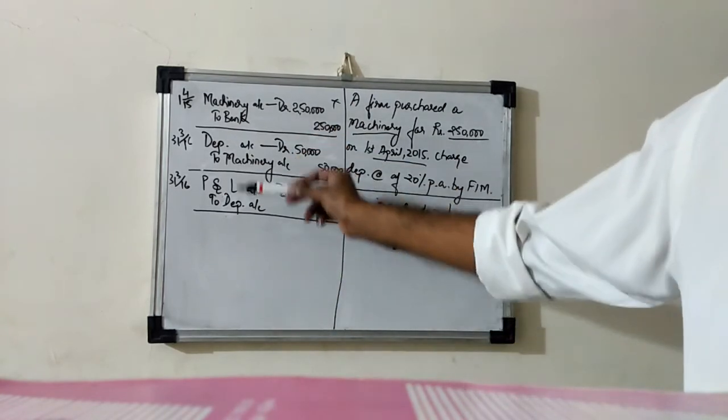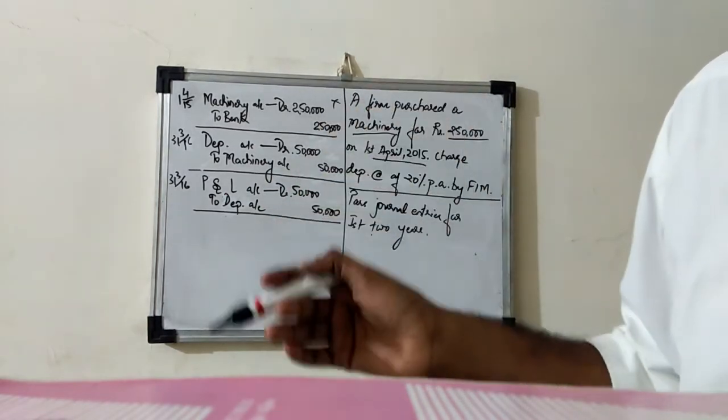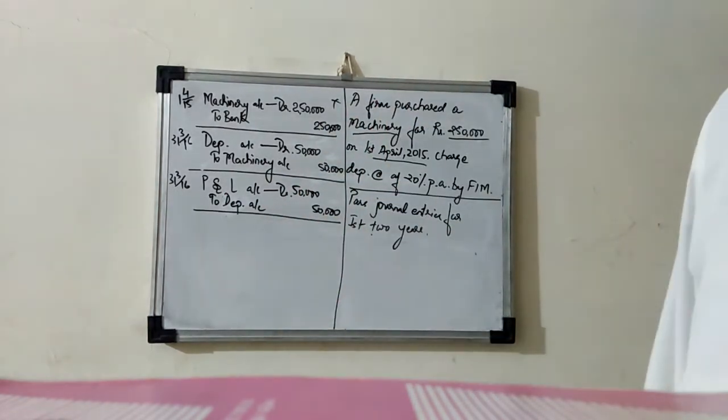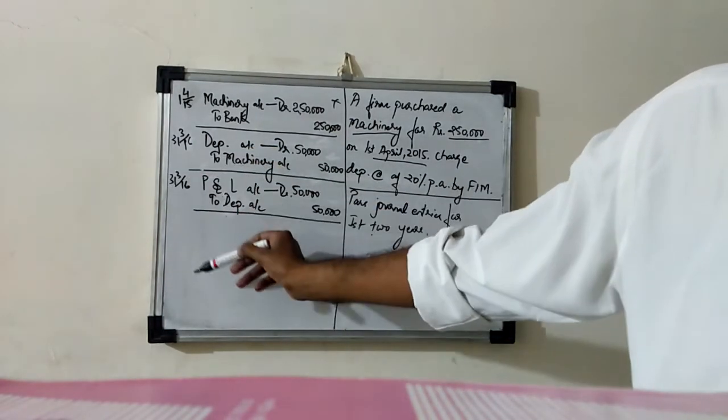So we charge depreciation and transfer it to P&L account at the last day of the second year, which will be 31st March 2017.